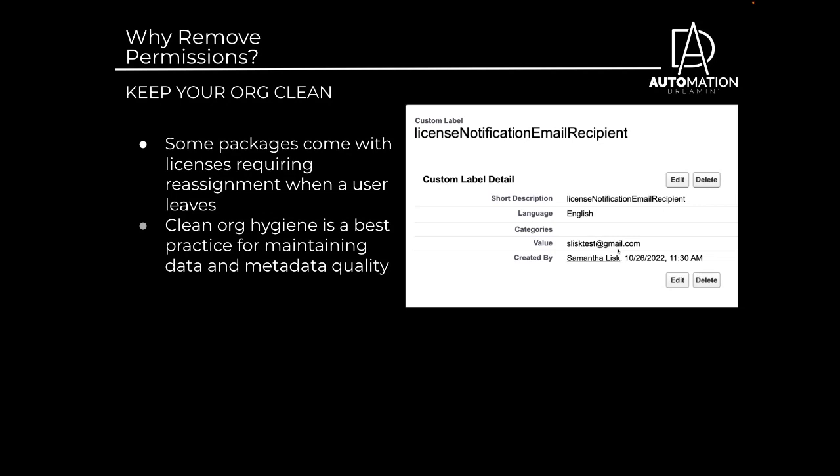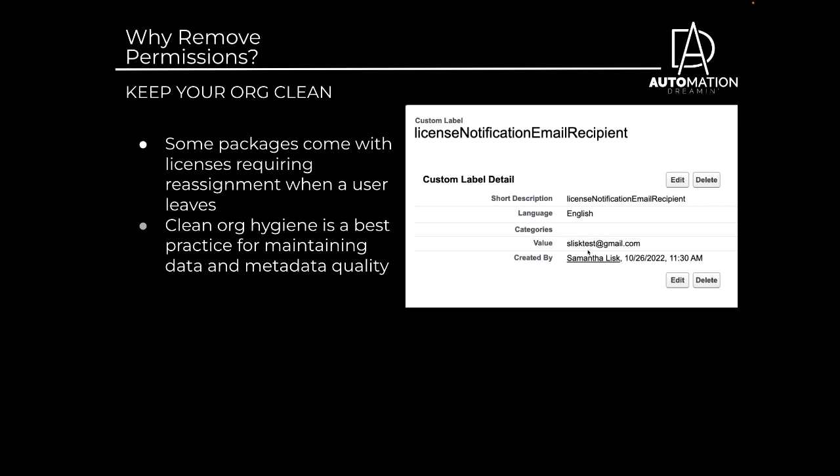If you ever have to update the value to a different email address, for example, if this was my company email address and I left the company or transferred to a different department and no longer required Salesforce access, if this value were hard coded into the flow, you would have to go into the flow, change the value to the next appropriate email address, and then create an entirely new version of that flow.